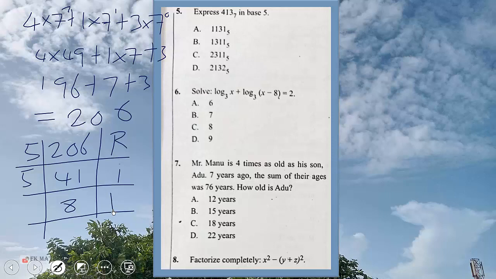Then 5 will go into 8 1 time, remainder 3. So the number will be 1311 base 5, which is option B.